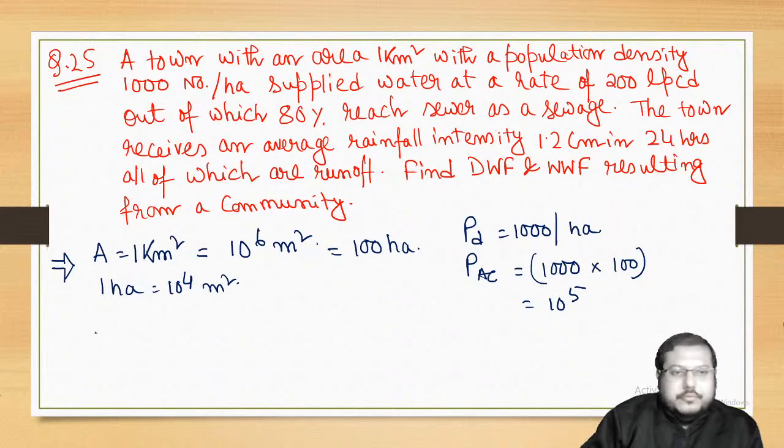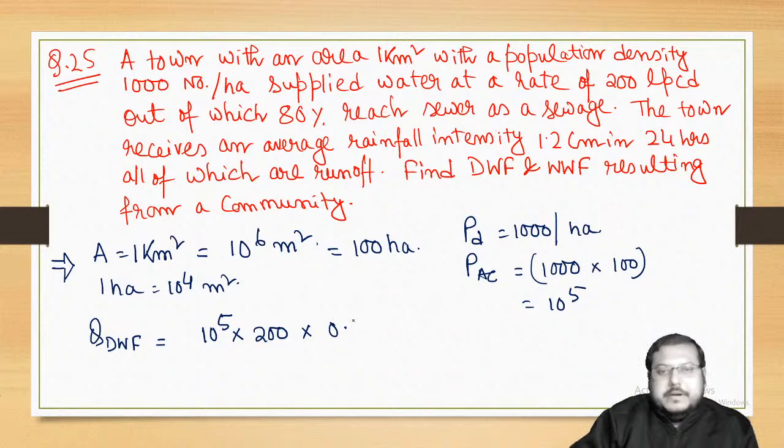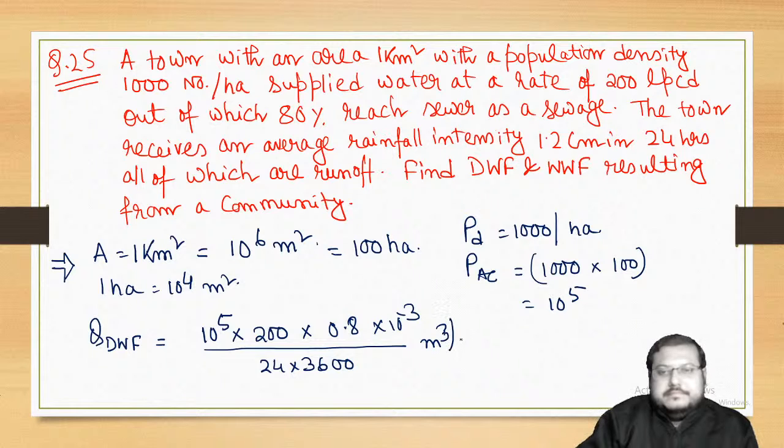So QDWF, that is population into per capita water demand. Our supply is 200 LPCD provided into 80% factor is 0.8 into 10 to the power minus 3 by 24 into 3600, then only you can get it in meter cube per second.